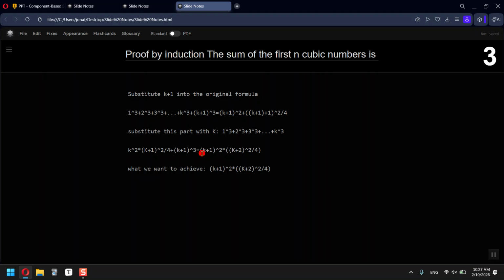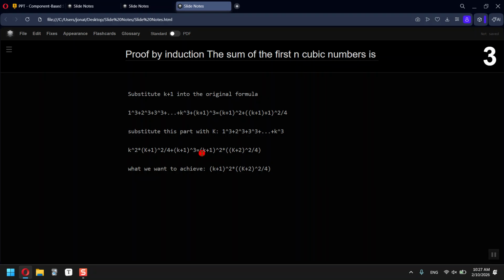Okay. So we want to sum these two terms over here. We can do that pretty simply: (k plus 1) squared times k squared, and then you just multiply this by 4 because we divided by 4 as well, plus 4k plus 4.